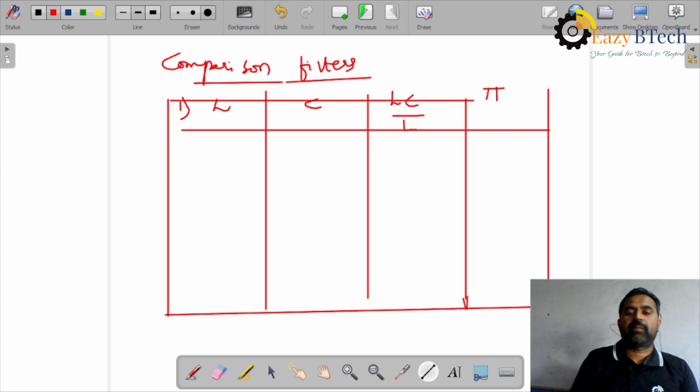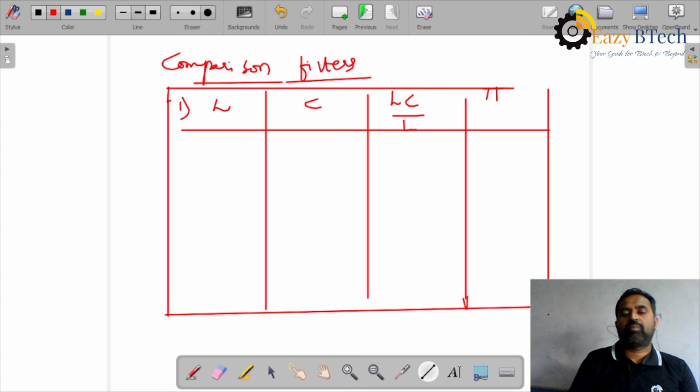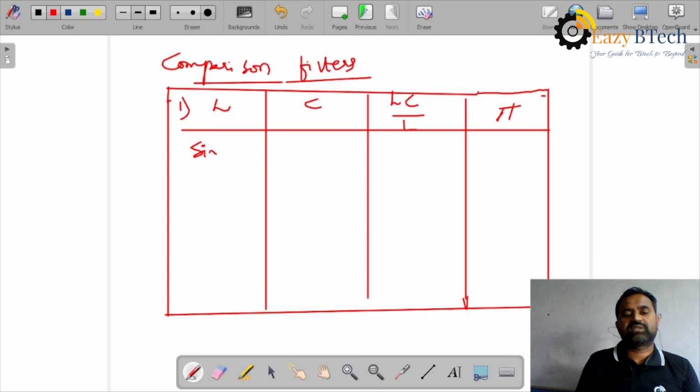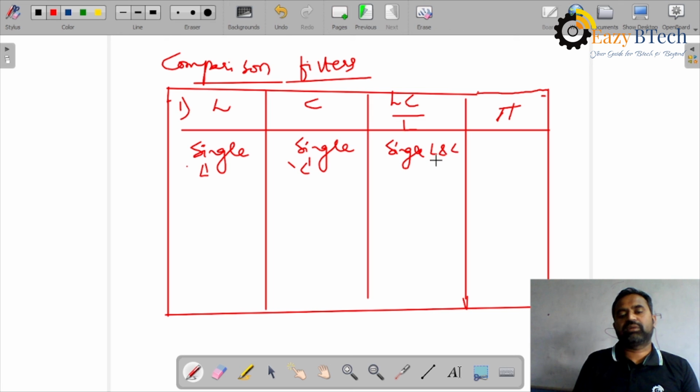Okay, students, you can see the L section filter has a single inductor, here a single capacitor, here a single inductor and capacitor, both we are using.